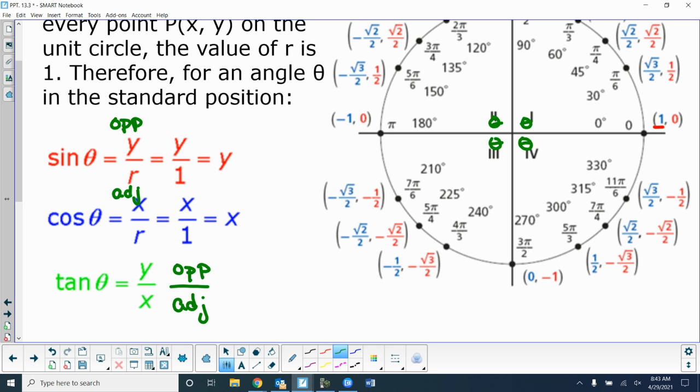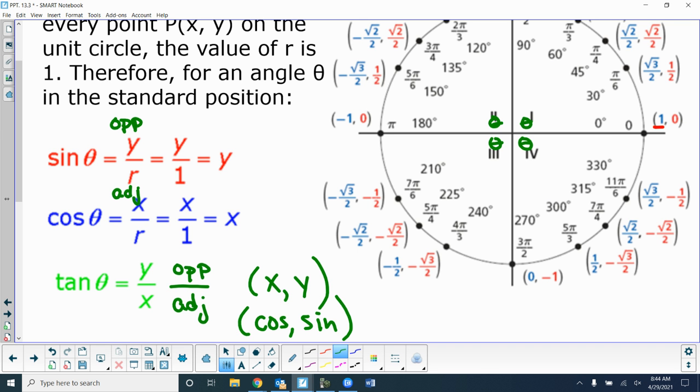Think about sine and cosine. I think we've talked about this already. If we were putting sine and cosine in alphabetical order, what comes first? Cosine, right? So when we're thinking about a point has an x value and a y value on a graph, when we're thinking about cosine and sine, those are in alphabetical order also.